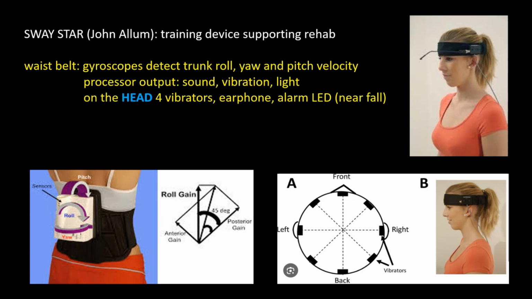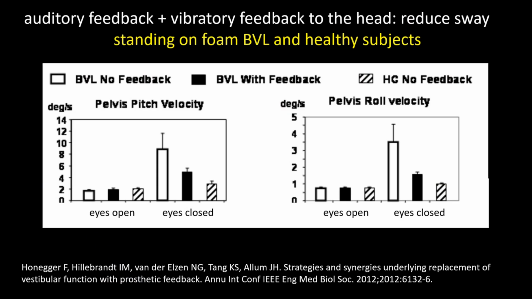And inside this device were gyroscopes that precisely detect the trunk movements forward, backwards, and sideways. And indeed, he could show that the patients have better control. So here you see the pitch velocity, eyes open.